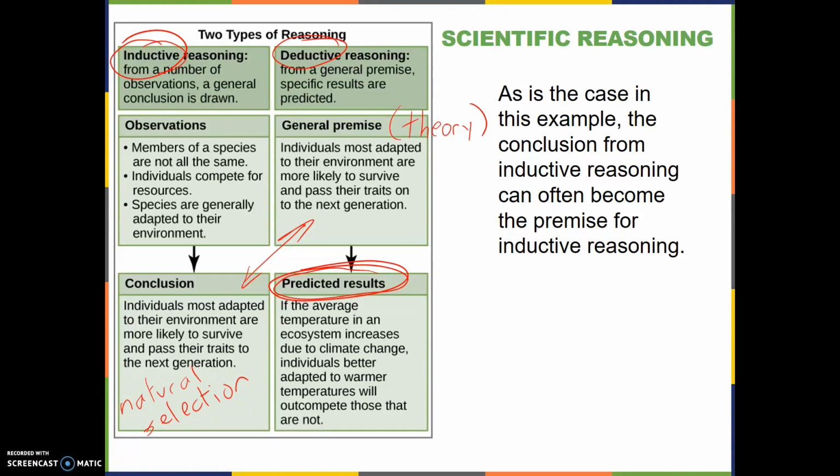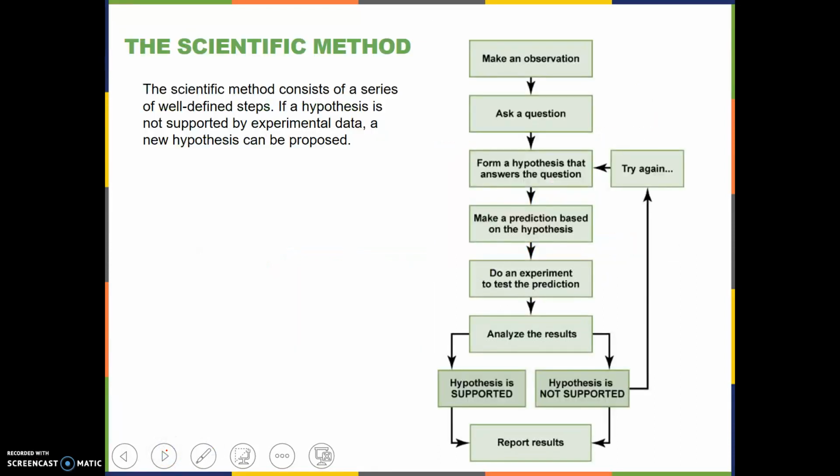And just to point out, the conclusion from the inductive reasoning can often become the premise for deductive reasoning. And the scientific method, of course, uses both. It uses deductive reasoning here and here.